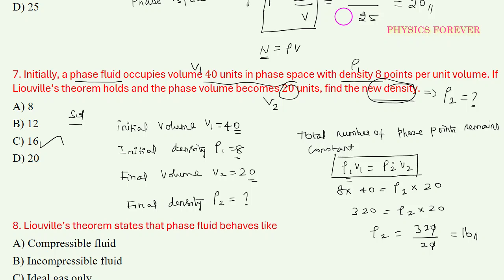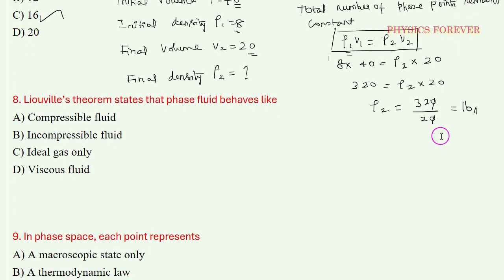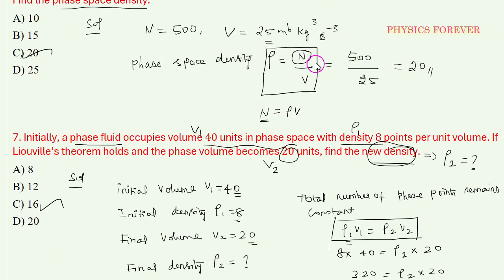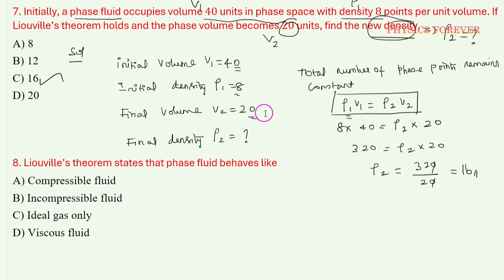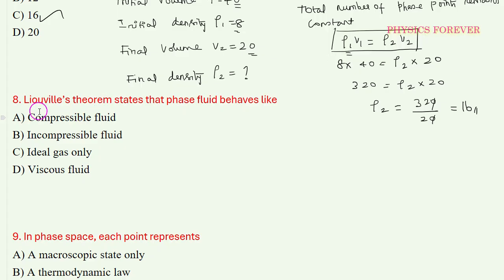Next we move on to question number 8. This is one of the most important, another important formula, the third one. Question number 8: Liouville's theorem states the phase fluid becomes, which we already discussed.